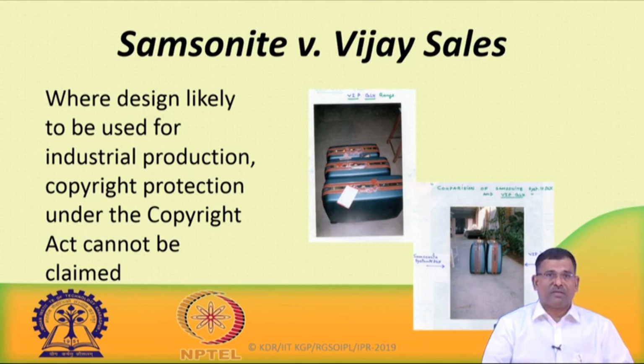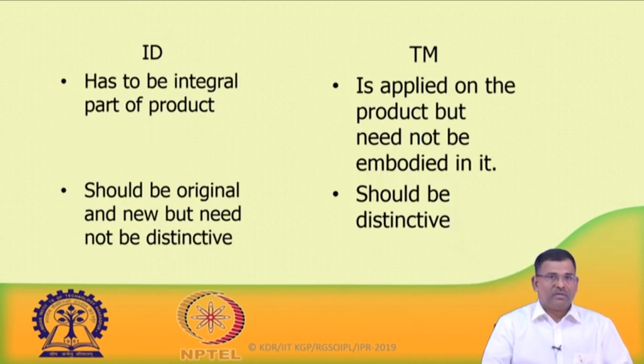That means if a material is copyrighted, you are not going to get design protection, but design registered materials are going to get copyright protection as well. So, there can be multiple protections for the same product if you register it.